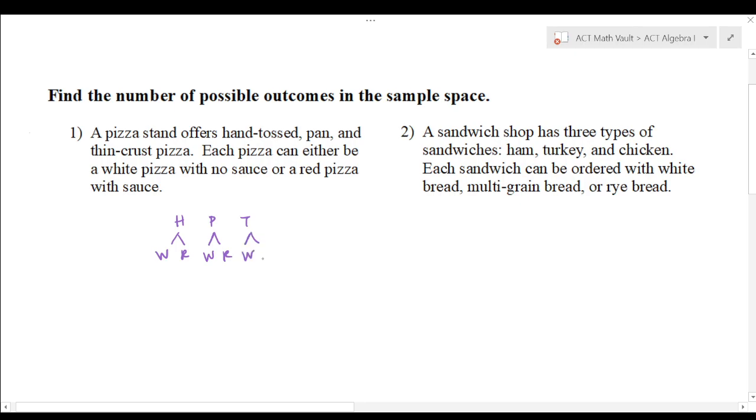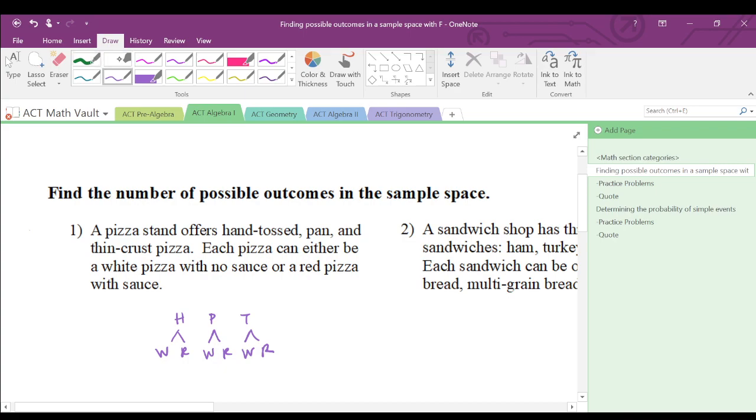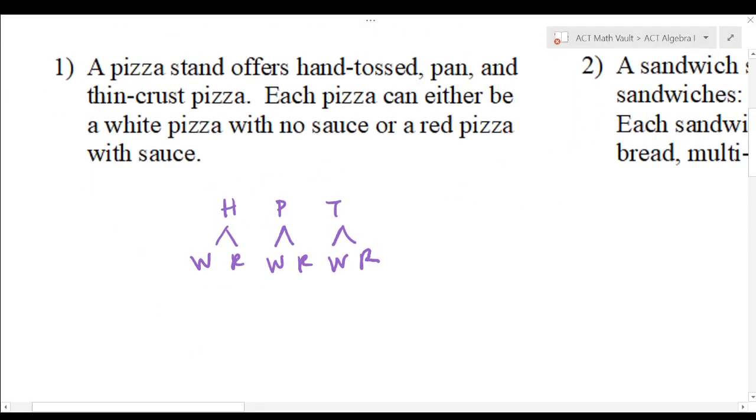From the T, white or red. Now, you can still figure this one out. I'm just going to use my highlighter here. You can still figure this out pretty easily with just using logic, but you'd have to think, okay, if I did hand toss with white, that was one way, 2, 3, 4, 5, 6.